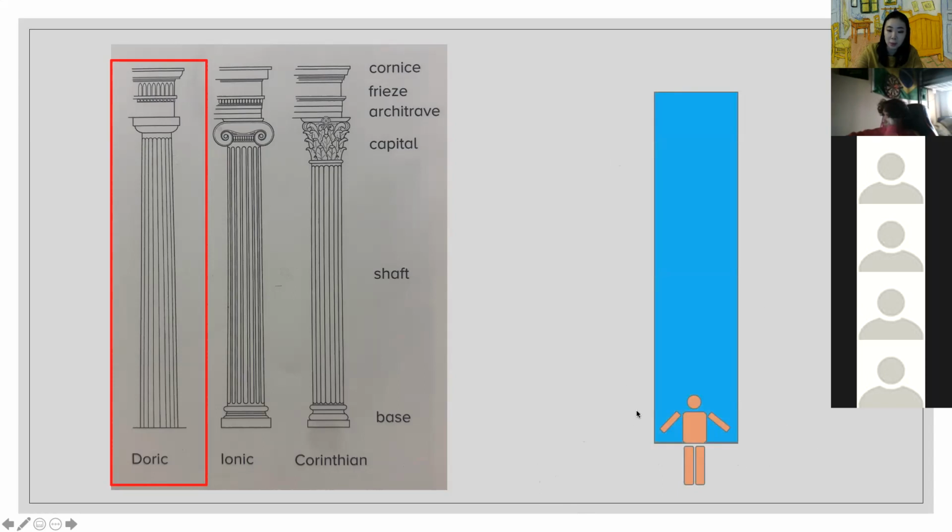This is called entasis. The architects of classical Greek art calculated the optical errors of the viewers and applied them to the temple. This is amazing because they did it 2,500 years ago.